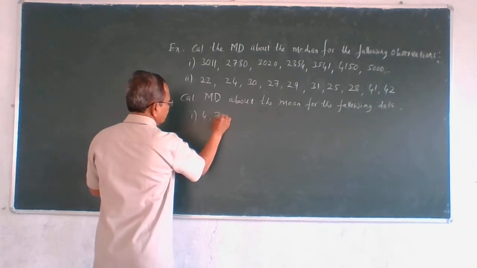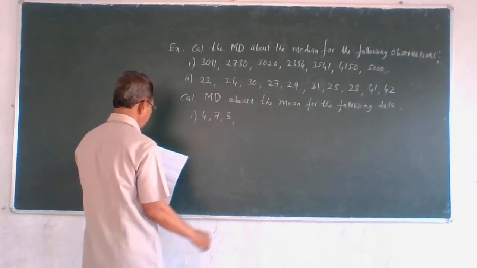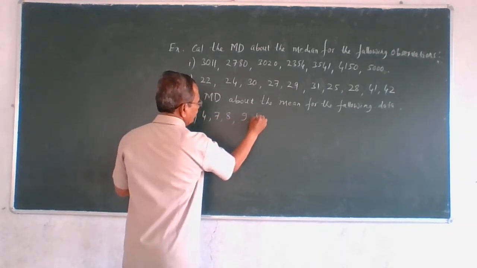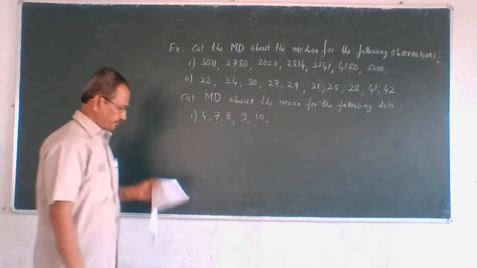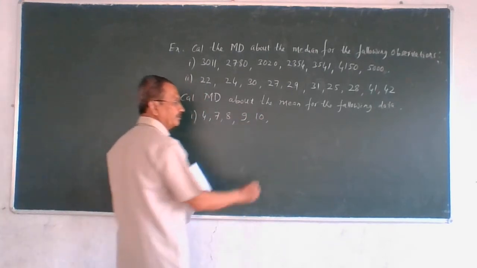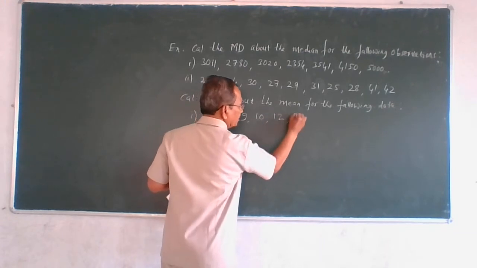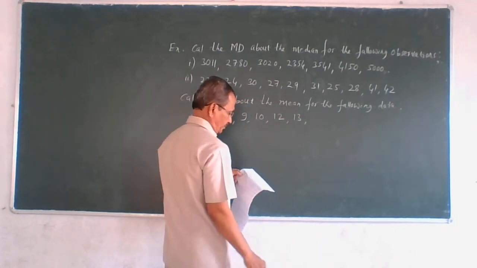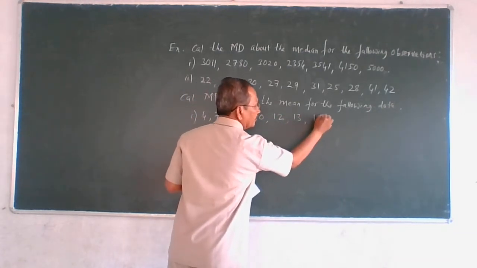First set of observations: 4, 7, 8, 9, 10, 12, 13, 17.